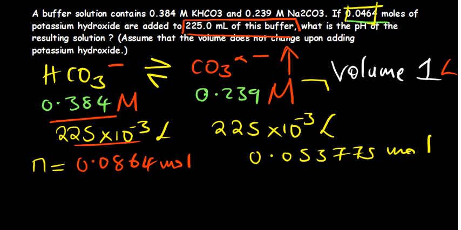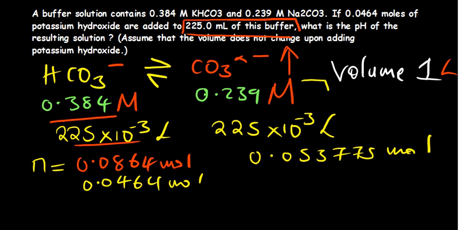So therefore, the fact that we are adding a base is going to reduce the number of moles of what? Of our hydrogen carbonate, which is an acid, because those two, of course, are supposed to react together. And from our equations, they are in the ratio of 1 to 1. So we expect an equivalent number of moles to be lost from our acid because they are supposed to react together.